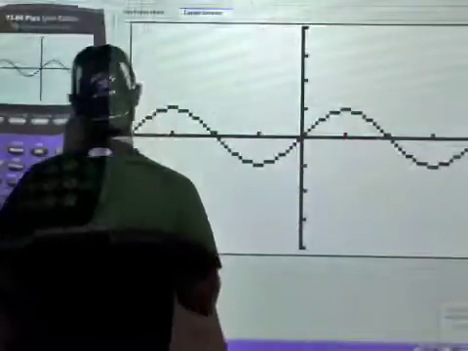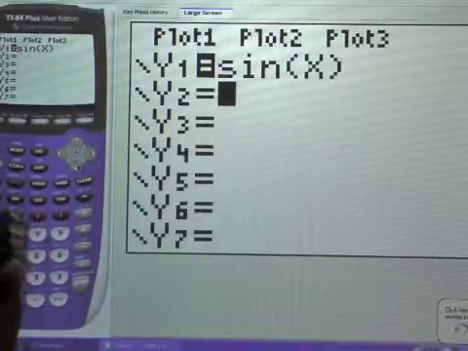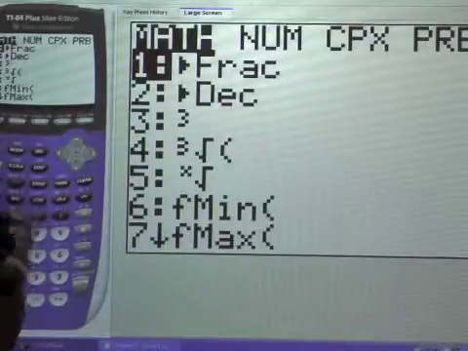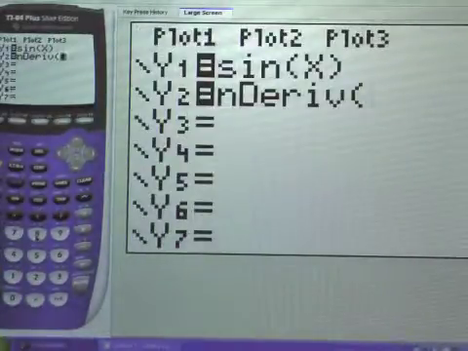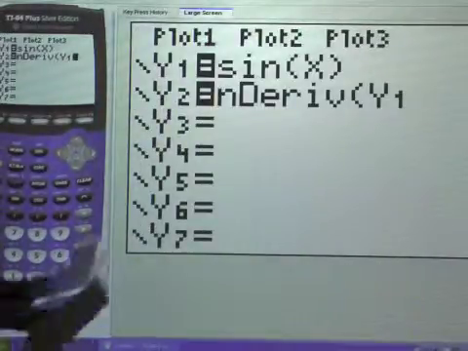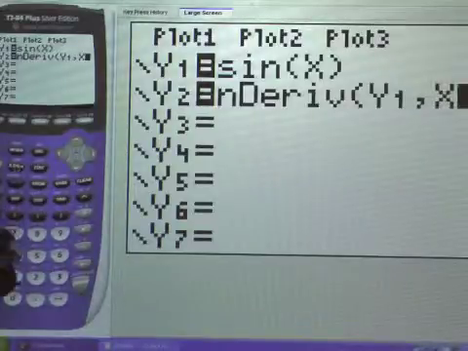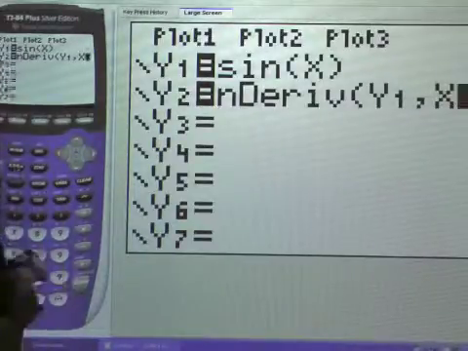So let's go ahead and draw that in. We'll use the numerical derivative command. So math 8. So nderiv, and I'm just going to go ahead and put y1 there. So it's just going to take whatever's in y1 and find the derivative of it. Comma x, and then for a graph, we'll put comma x again.